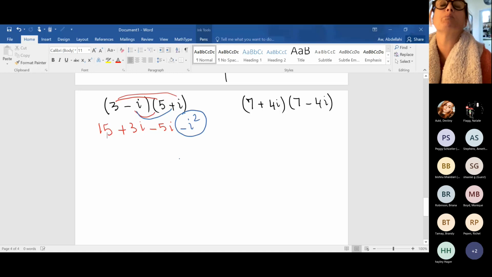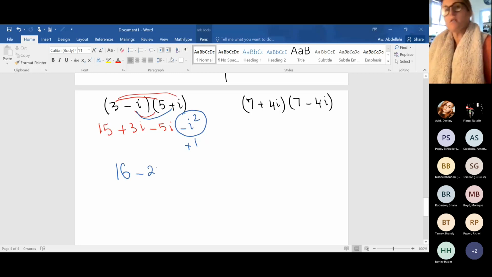What numerical value? Positive 1. That's absolutely right. So 15 plus 1 is 16. And then 3i minus 5i is negative 2i. That's absolutely right.